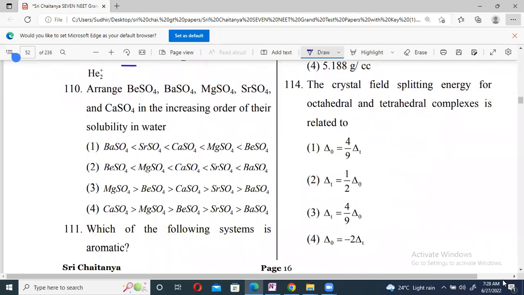Arrange the following in increasing order of the solubility. But one trick is there. What is that? See here. According to the trick, if the anion and cation both are larger size, bond becomes stronger.